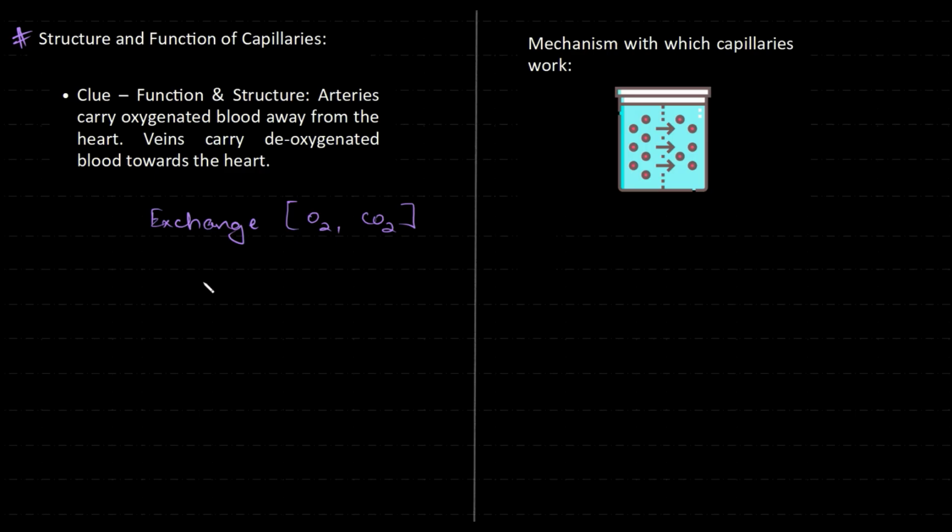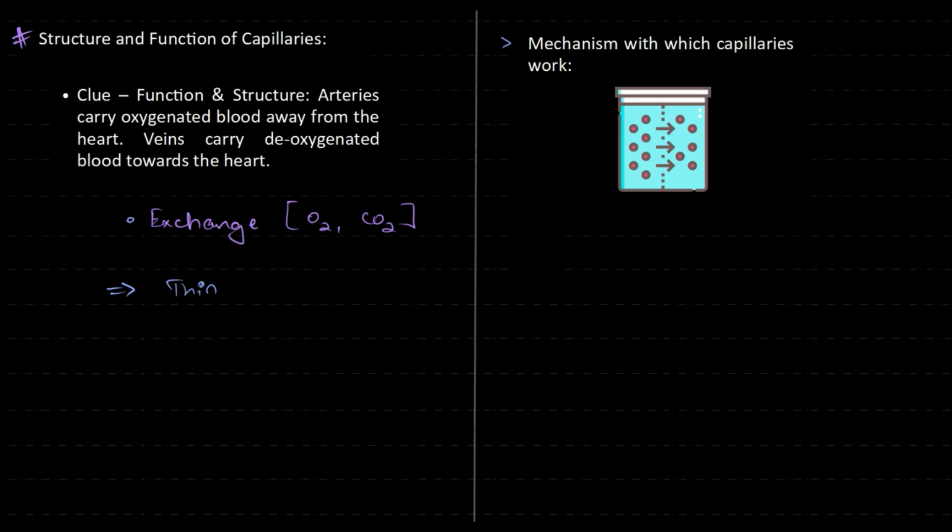And what should be the structure? Because of this, we have it thin for the easy movement of whatever it has to move. And the mechanism with which the exchange happens is nothing but your, yes, diffusion.